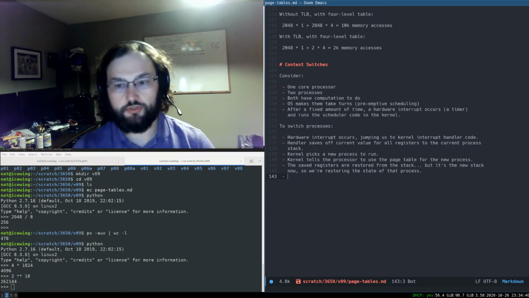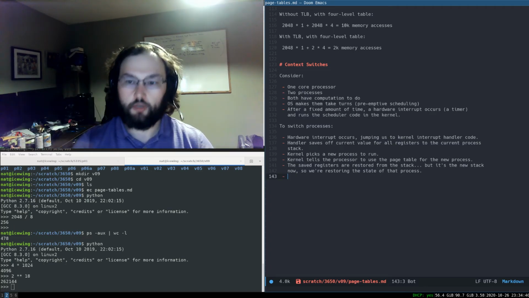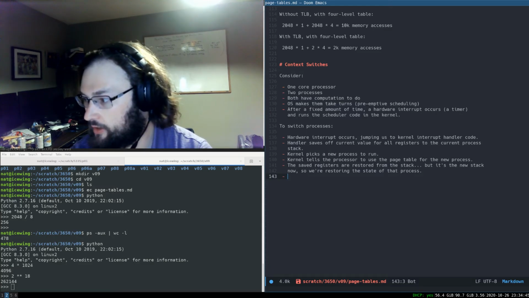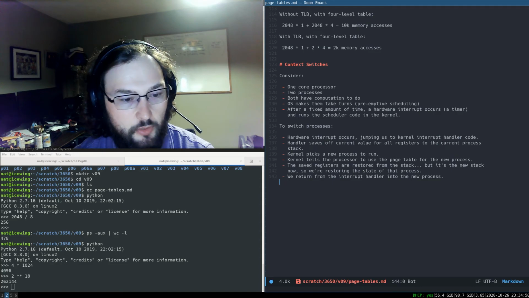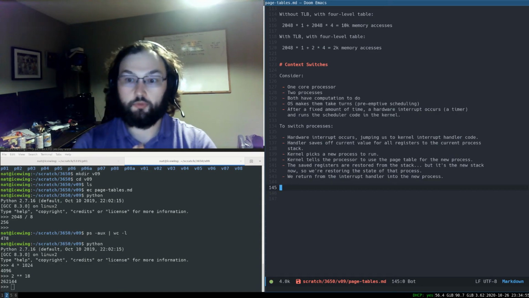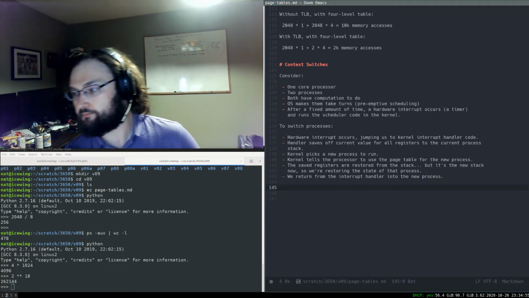We may have had to do some trickery to store the stack pointer somewhere else. That happens, as is necessary. And then we just return from that interrupt handler, and we end up returning to the new process.